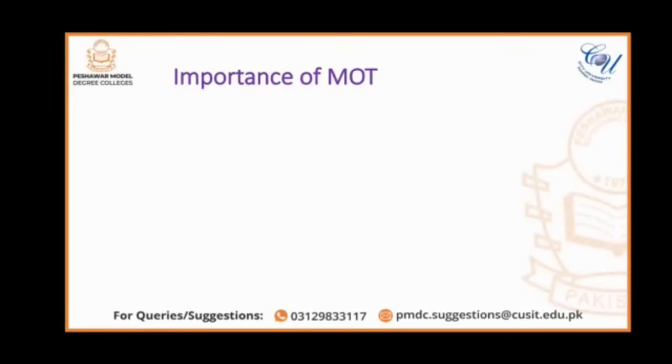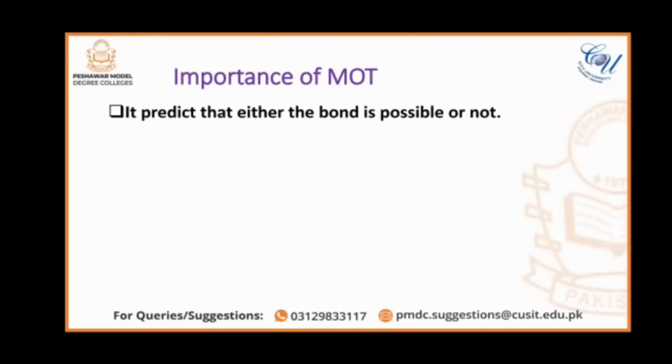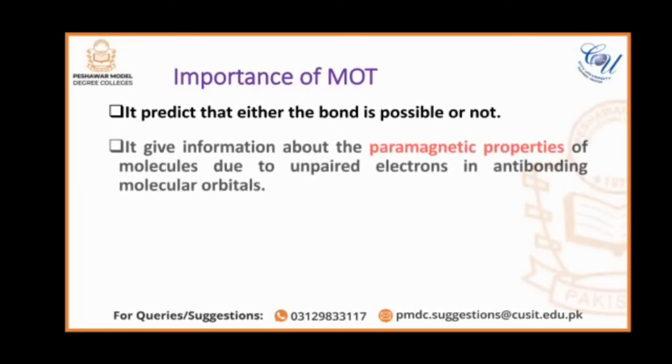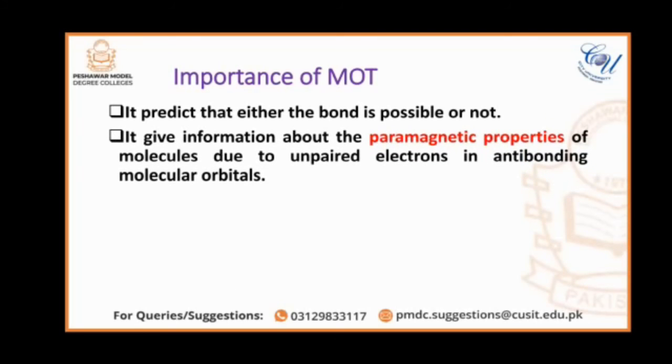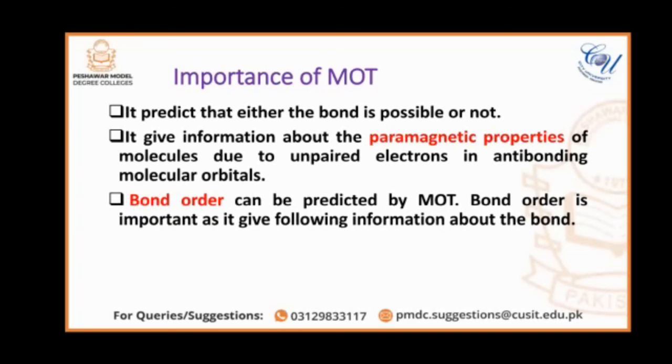Importance of MOT. MOT helps us to predict whether a bond is possible or not. It gives information about the paramagnetic properties of a molecule due to unpaired electrons in anti-bonding molecular orbitals. The bond order can be predicted by MOT.